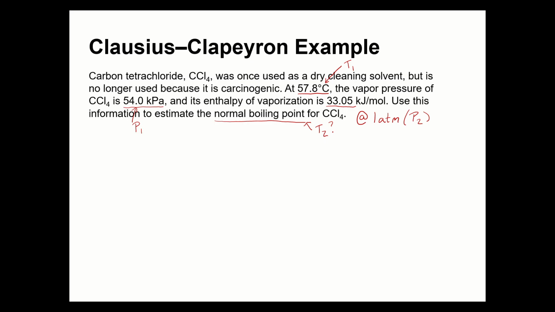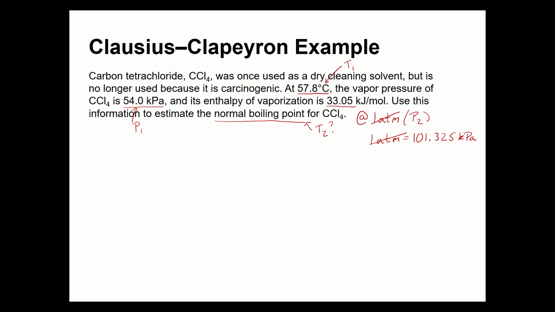So actually we know that 1 atmosphere is equal to 101.325 kilopascals. So since we know that, let's go ahead and just say instead of saying at 1 atmosphere, we're going to be at 101.325 kilopascals, and that is the normal boiling point pressure.